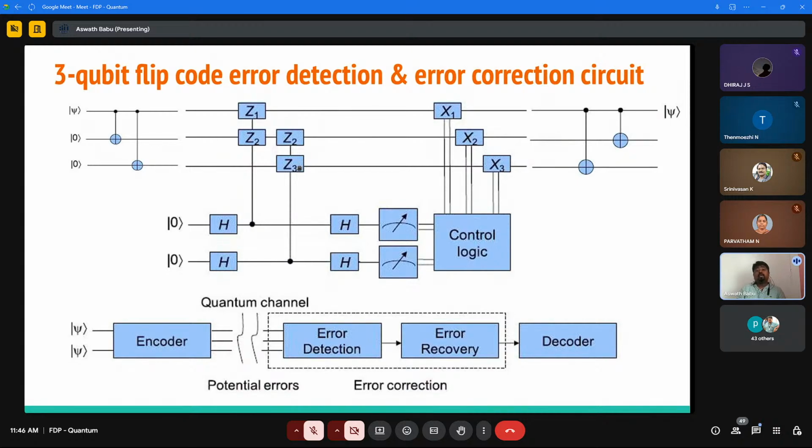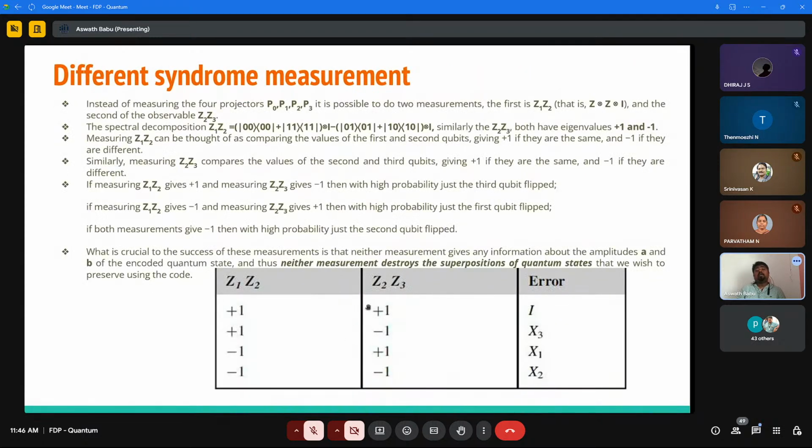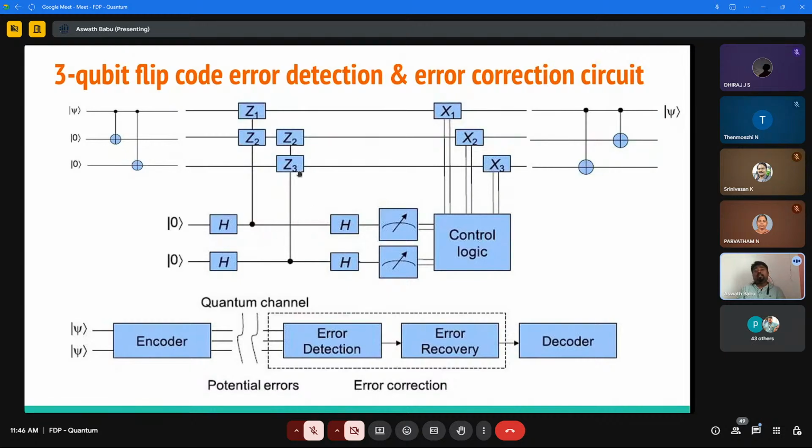Depending on whether I get a positive or a negative sign as per our table here, I'll take that information and decide whether to act x1, x2, x3. Who will decide? I will use some logical if statement. If this is so, you act something here.